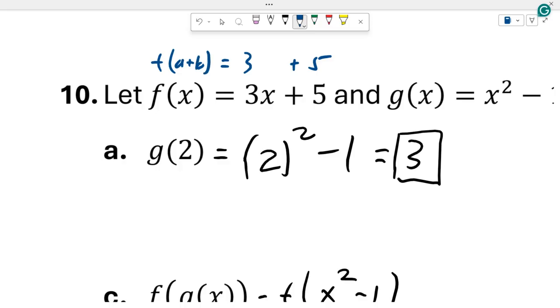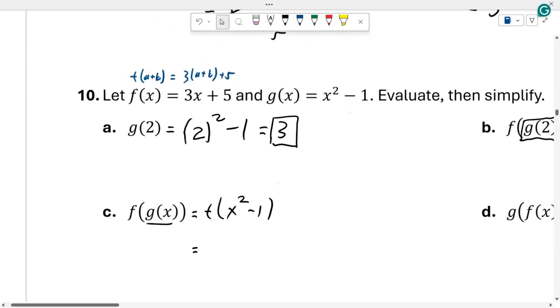Well, in that case, if it was f of a plus b, then it would be 3 times a plus b, plus 5. Clean that up a little bit. So 3 times a plus b, plus 5. Right? So that x is just a symbol that represents your entire input, but your input could be a binomial, a trinomial, it could be anything, right? So when you have, I'll zoom back out here.